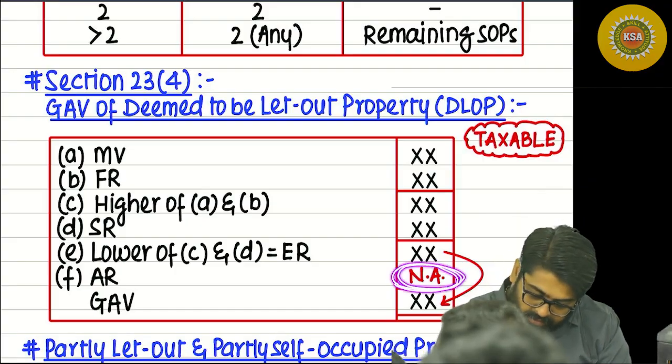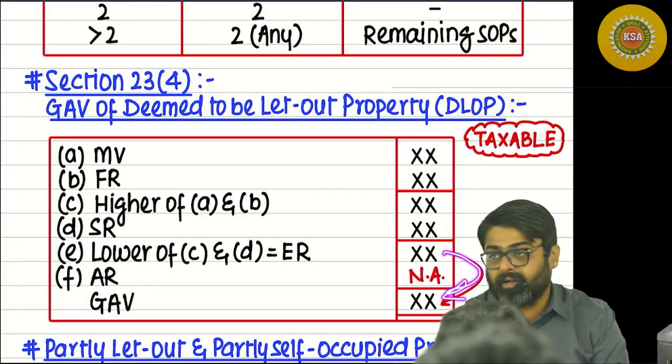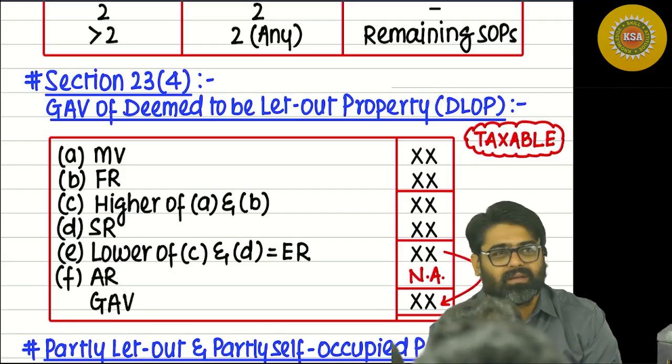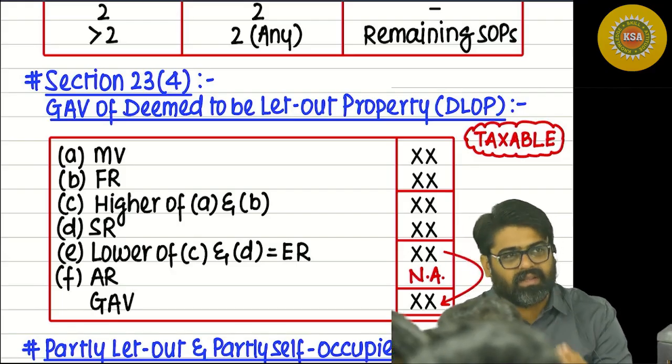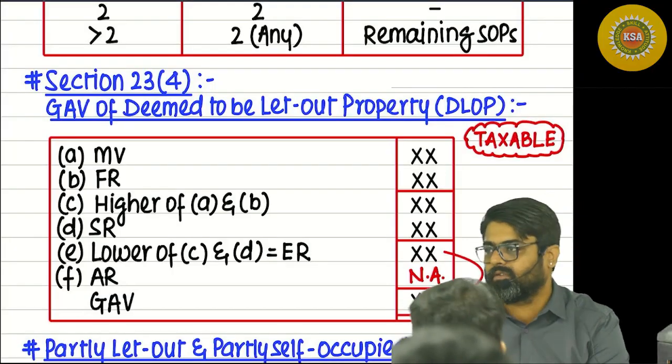Actual rent will not be applicable. So whatever expected rent you have calculated, that entire expected rent will be treated as your GAV. Did you understand the calculation? Easy, no? Now everything will be given in the question. You just have to remember what you are supposed to do. Pick up these amounts from the question and put them in the format. You are going to get the answers.